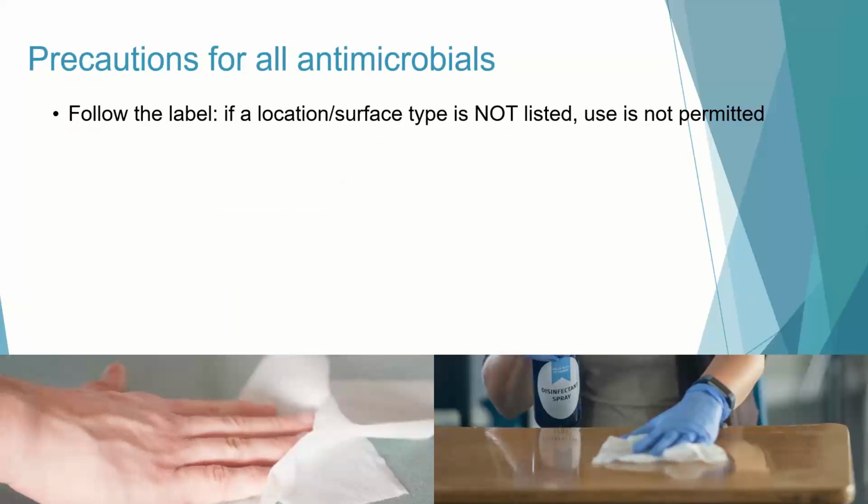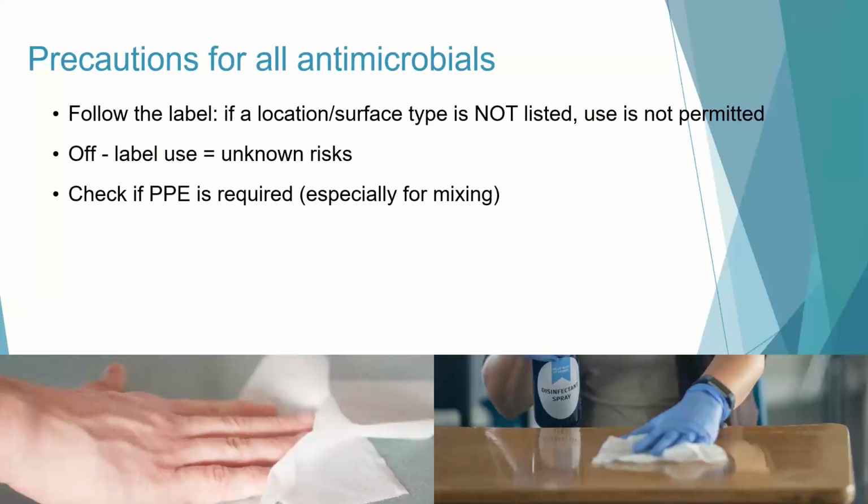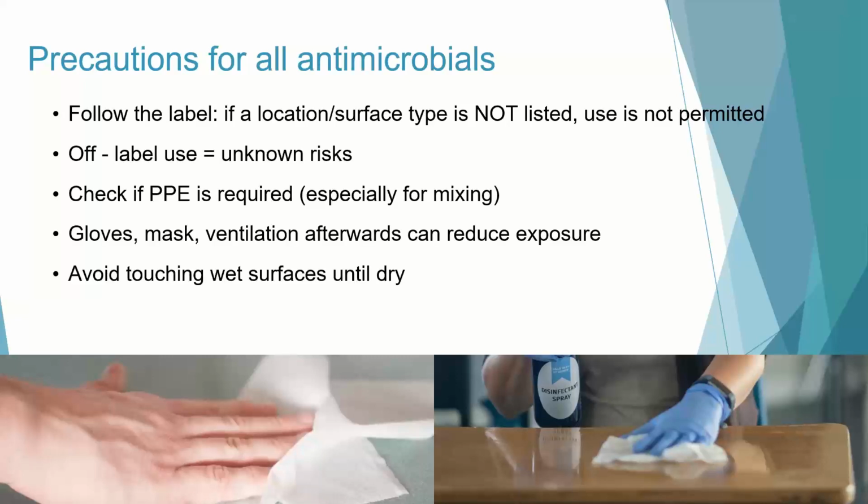So precautions for antimicrobials, you can just scroll down through all those to the bottom. The biggest precaution for any pesticide is going to be following the label. So the label is the law, and the label tells the user exactly how it must be used and what precautions to take.